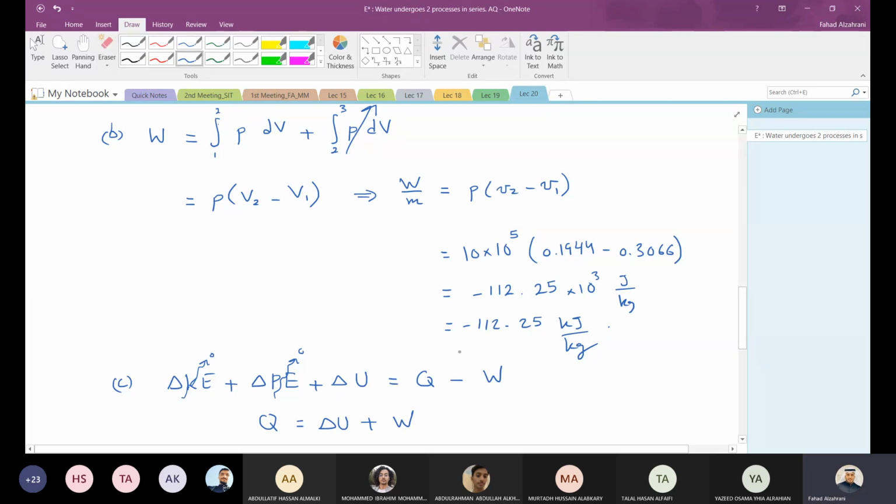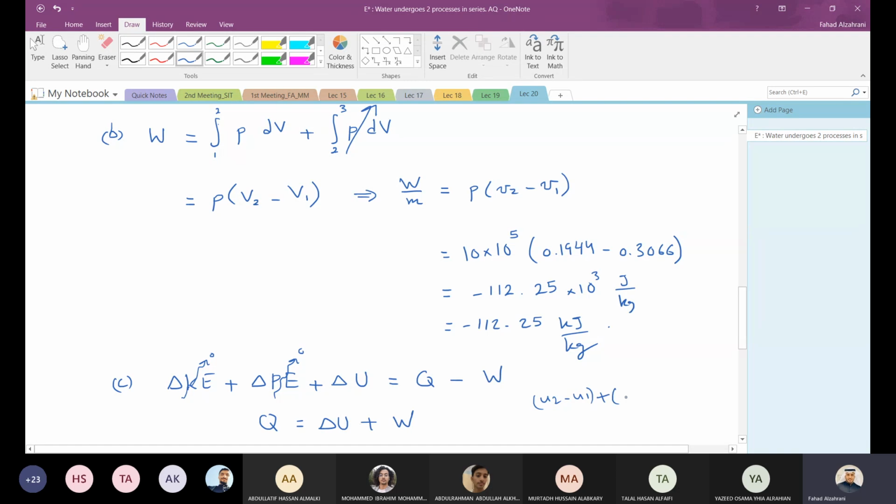For the change of internal energy يا شباب, يعني if I want to separate it for the two processes, which بتكون? What do you think? So for the first process we have U2 minus U1 صح?